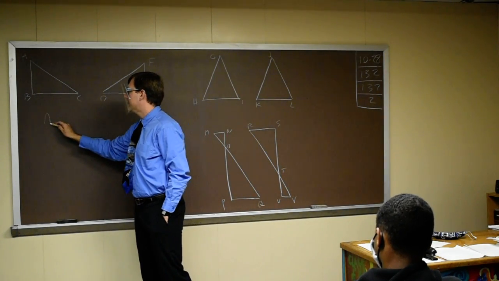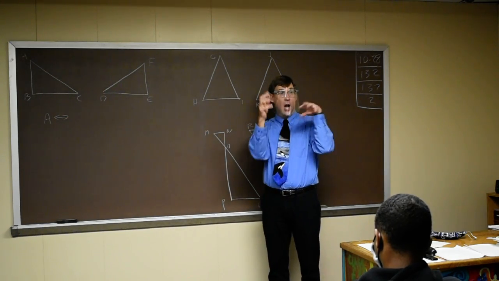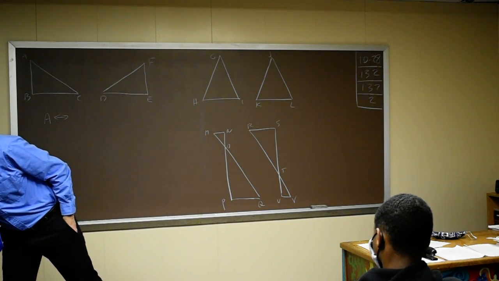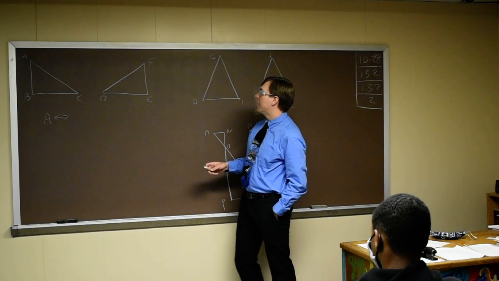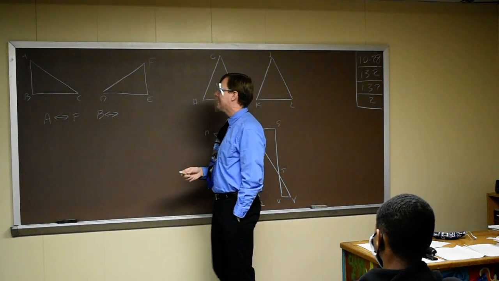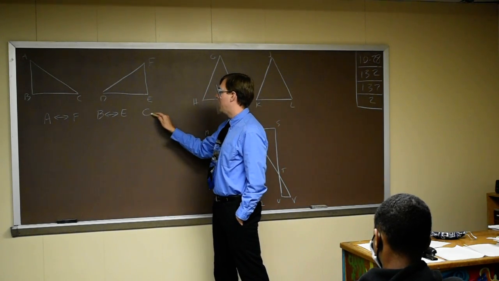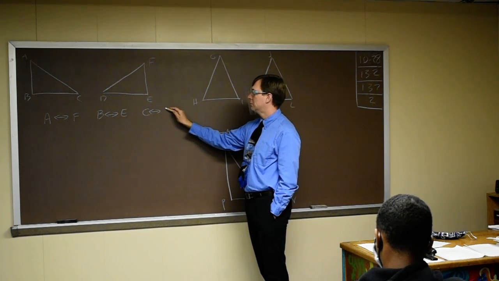What would A sit on top of if I did the spin around and put them on top of each other? A would end up sitting on top of F. Who would B sit on top of? E. And by elimination or by seeing it, C would have to sit on D.